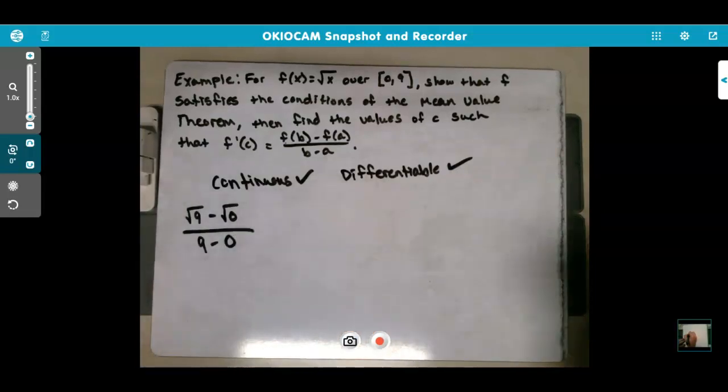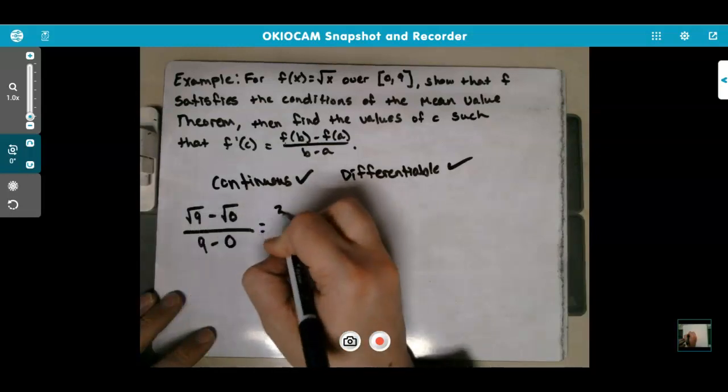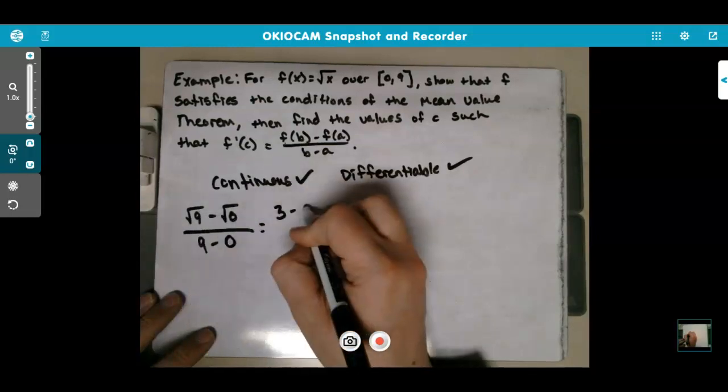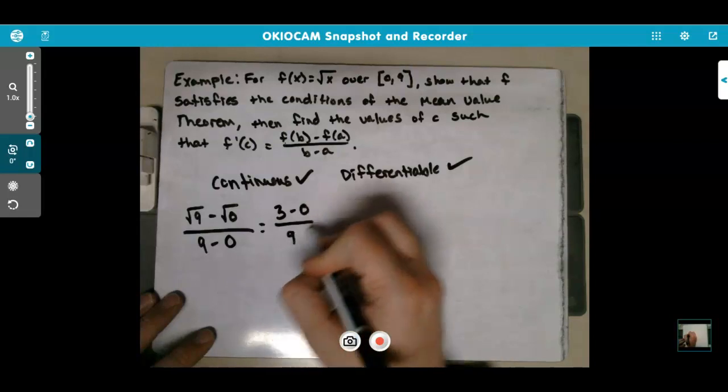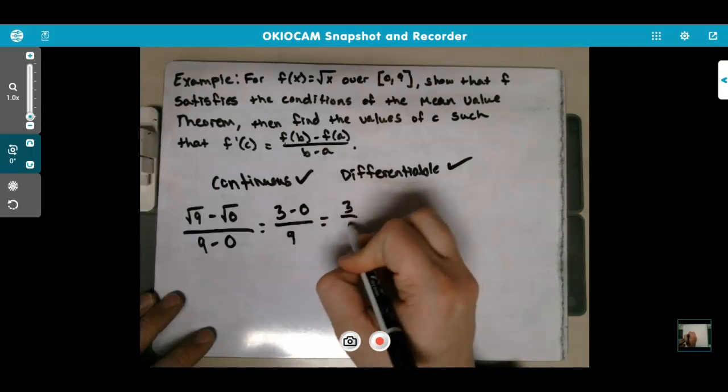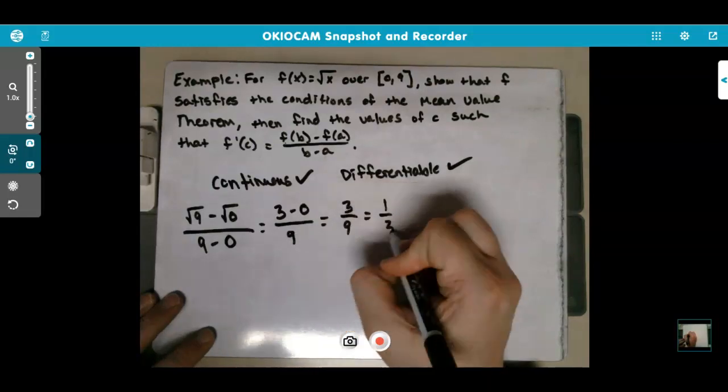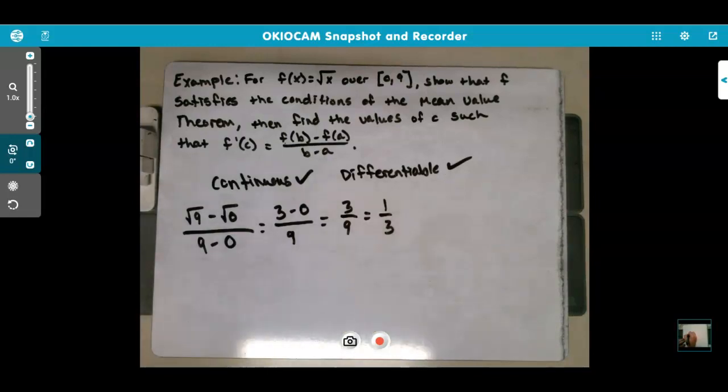Let's work that out. Square root of 9 is 3, minus square root of 0 is 0, over 9 minus 0 is 9. On top we get 3 over 9, which is like saying 1/3. So the slope of the line between those 2 points is 1 over 3, right?